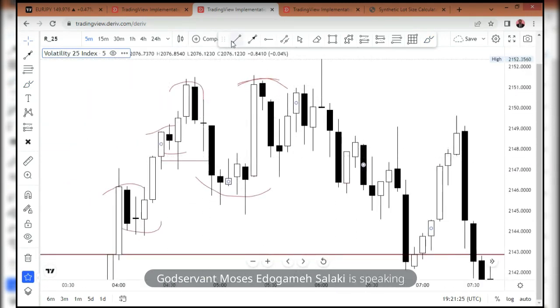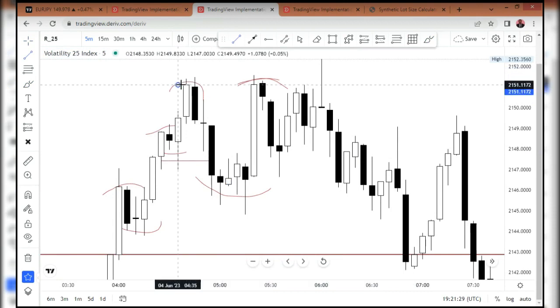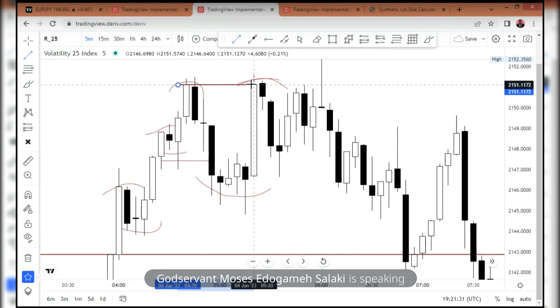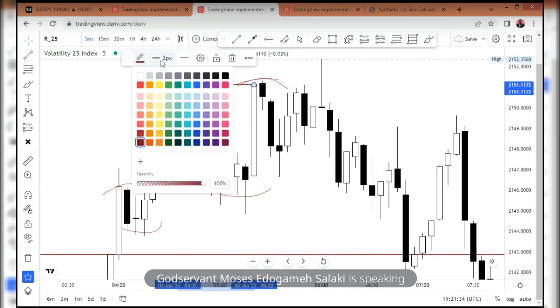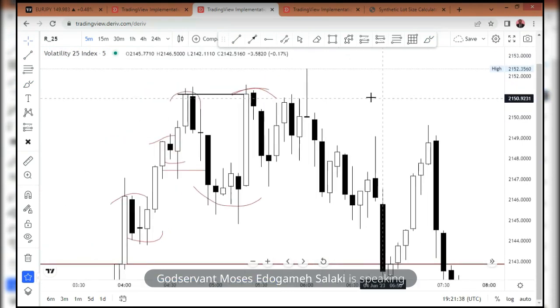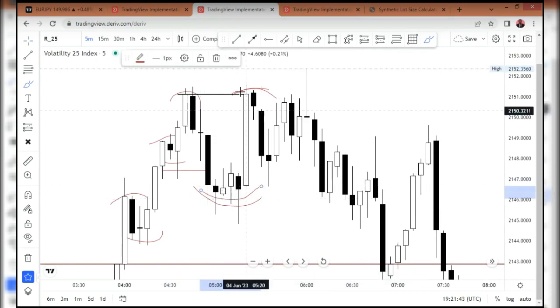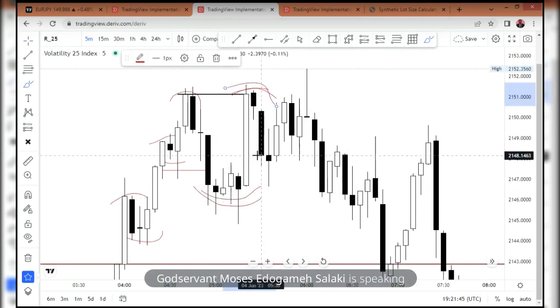So let me put this here and let's see whether the candle closed above this. All right, the body of the candle closed above. So this was a higher high. So price gave you another higher high after this low. Higher low, higher high.